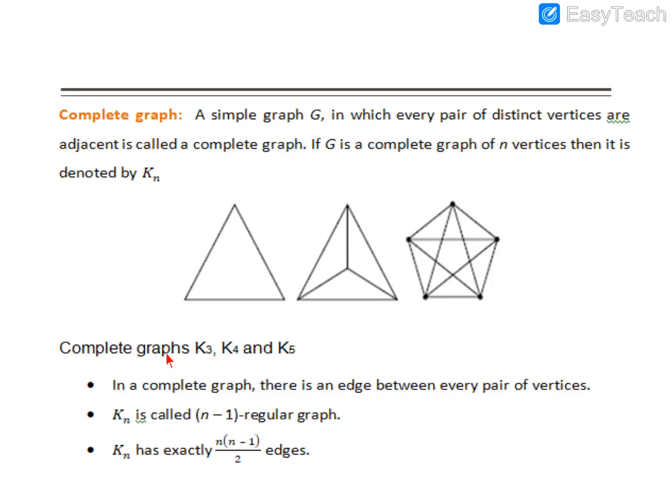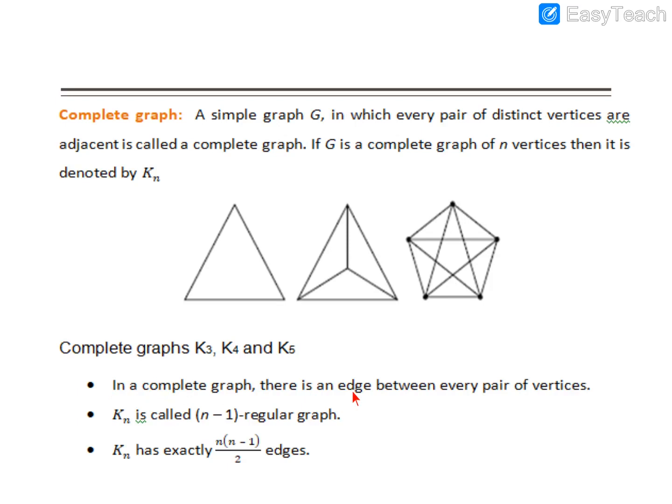Here the complete graphs K3, K4 and K5 are given, because the first graph consists of 3 vertices, the second graph consists of 4 vertices and the third graph has 5 vertices. So they are denoted by K3, K4 and K5.